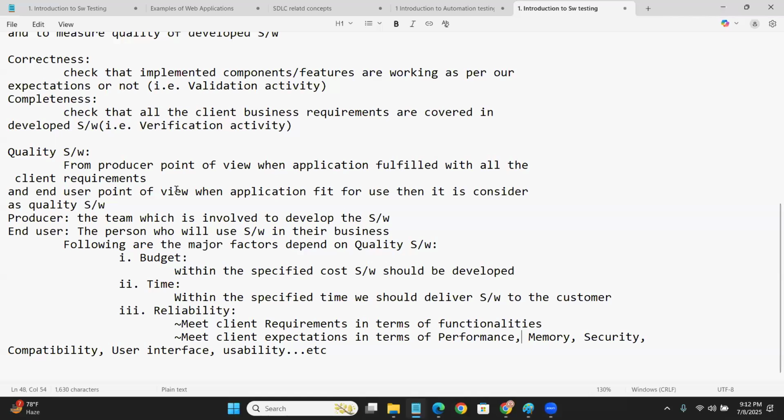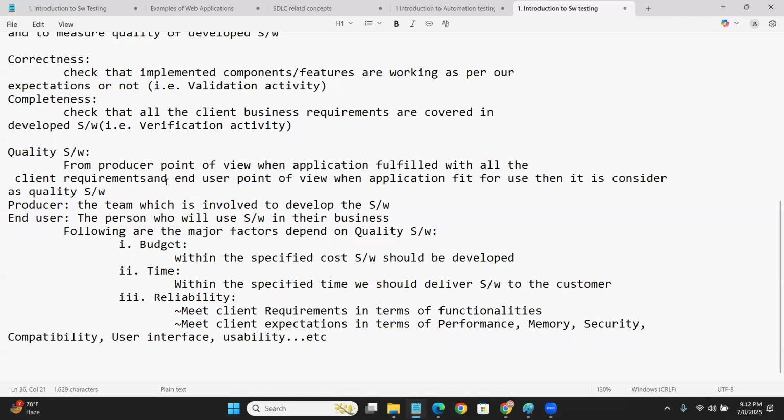However, some major factors depend on quality software. One is budget. Within the specified cost, the software should be developed. Generally, when we start developing the software, there will be some agreement with the client on how much cost we are going to take to develop it.